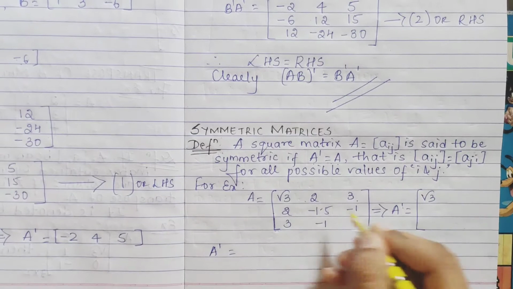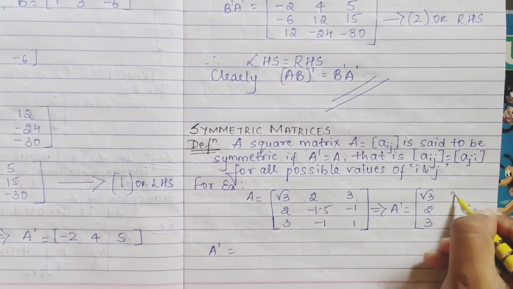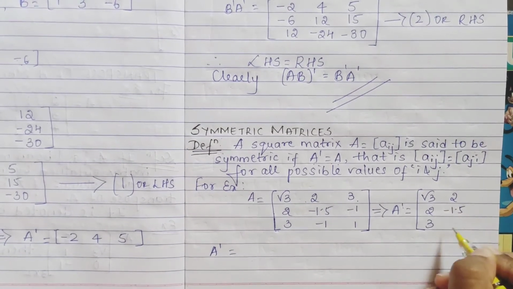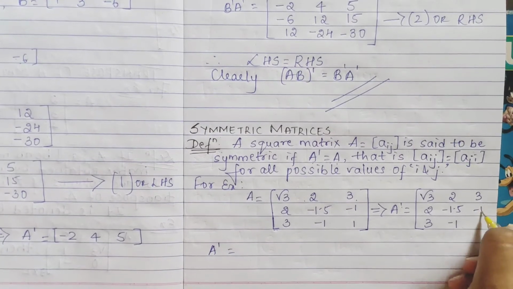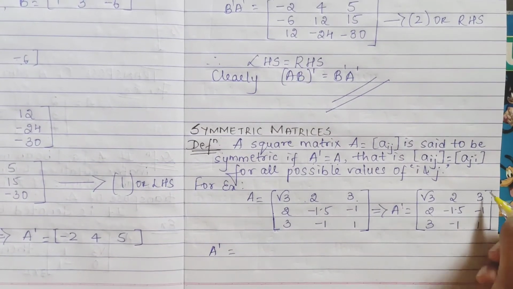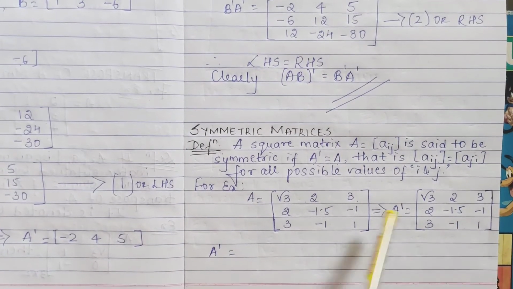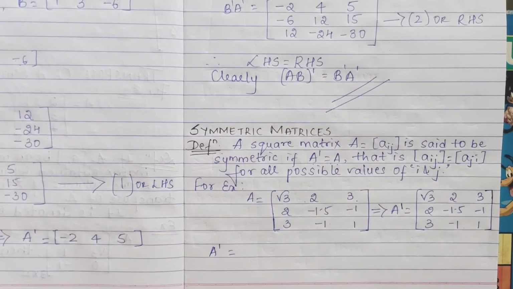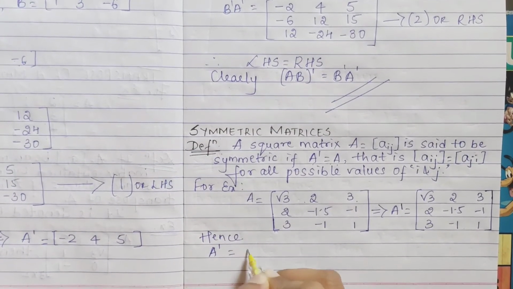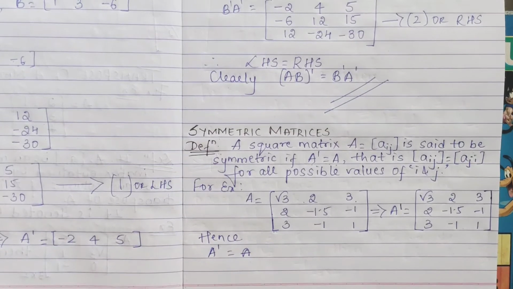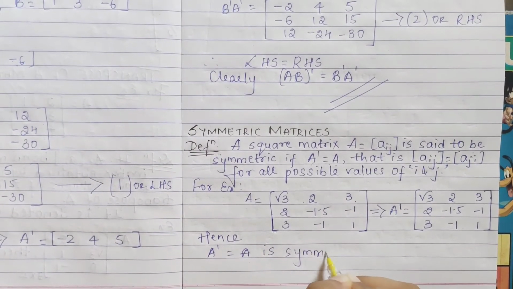Root 3, 2, 3. Second row changing to column: 2, -1.5, -1. Third row changing to third column: 3, -1, 1. So as you can see, when you got your A transpose, you are getting the same. There is no difference, right? Hence, A transpose is equal to A, so it is a symmetric matrix.